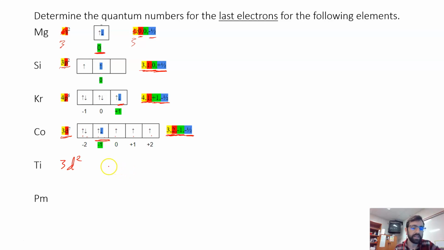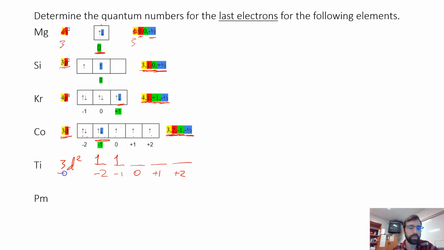Okay, since it's a D sublevel, we can go 1, 2, 3, 4, 5, and my middle orbital is right there. That's 0. Then I'd have negative 1, negative 2, positive 1, and positive 2. Since it's 3d2, I would do an up arrow here. Don't go with a down arrow right next to it. We have to have 1 up arrow in each of these before we go down with our first down arrow.